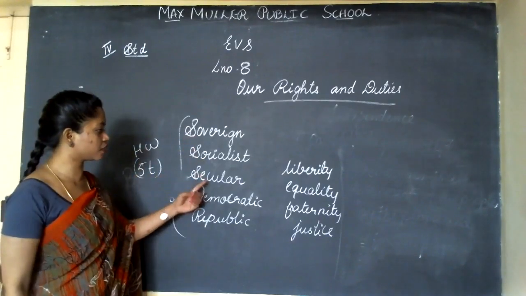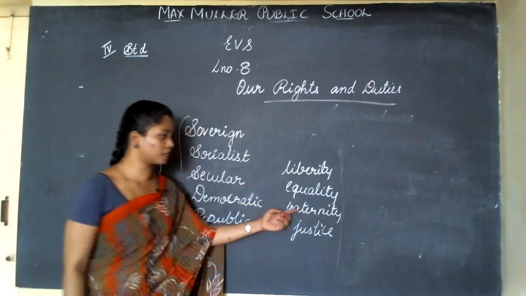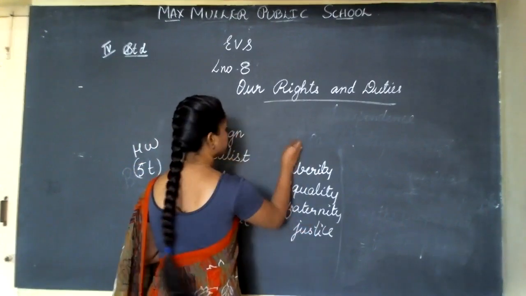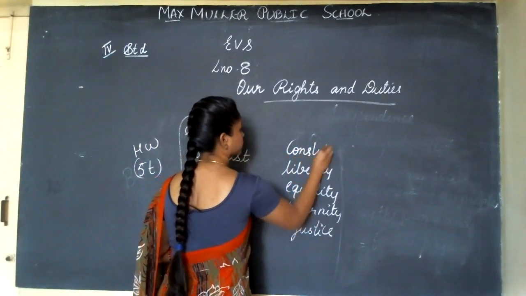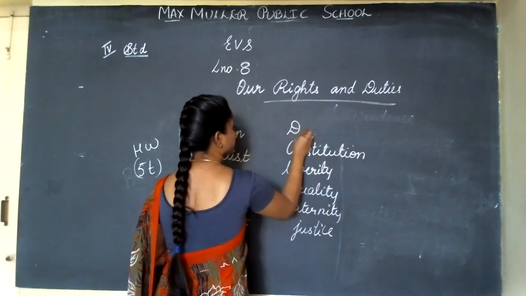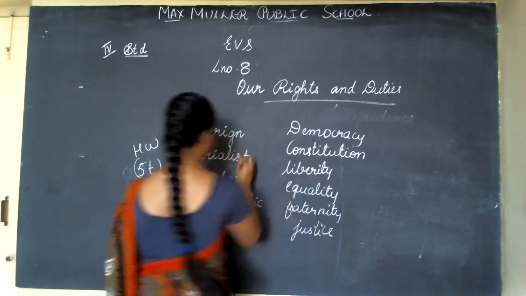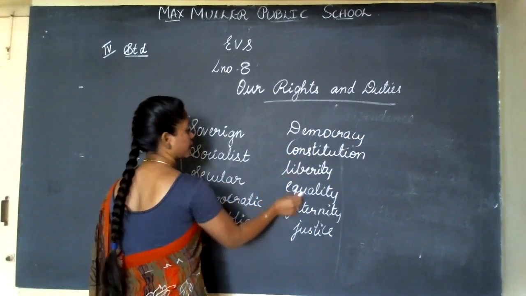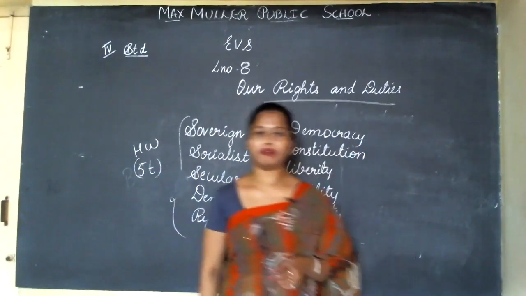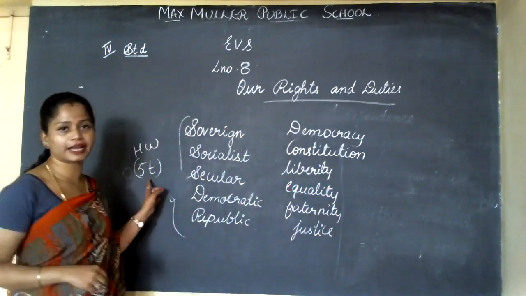Sovereign, socialist, secular, democratic, republic, liberty, equality, fraternity, justice, constitution and democracy. There are 11 words. Write down each 5 times.